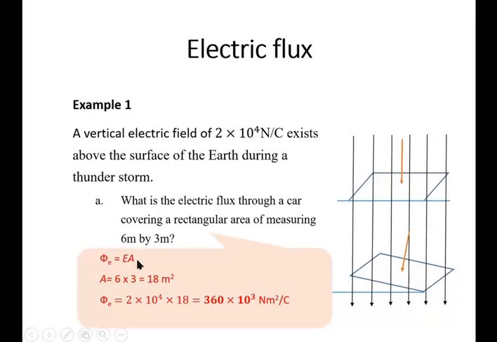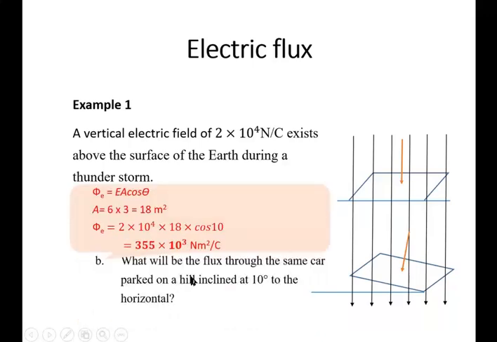In that case, cos theta will be cos 0, which is 1, and we are left with this simple equation here. So we just substitute our values, calculate the area, which is 6 by 3, 18 meters squared, and multiply the area by the electric field, which is 2 by 10 to the power 4 times 18, and that gives us 360 by 10 to the power 3 Newton meters squared per coulomb.